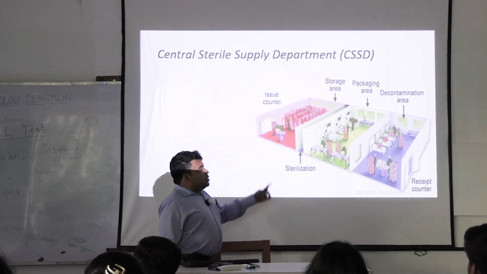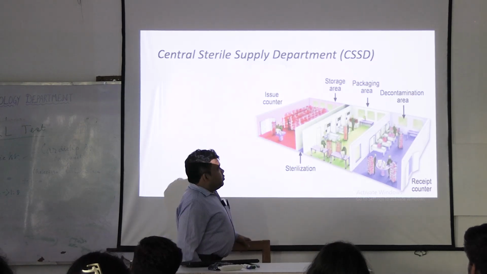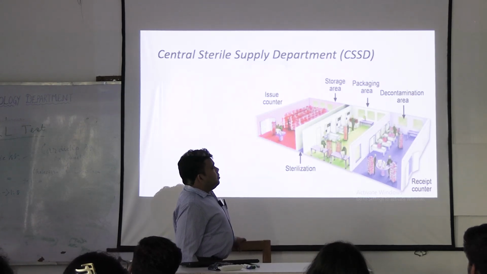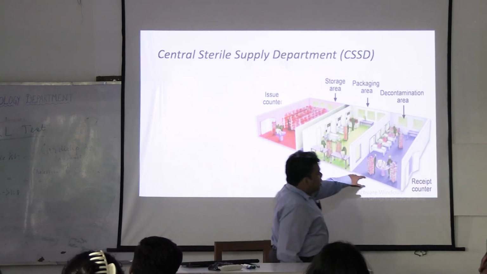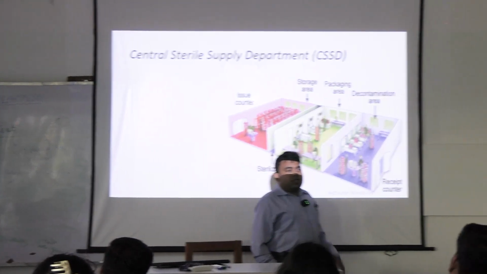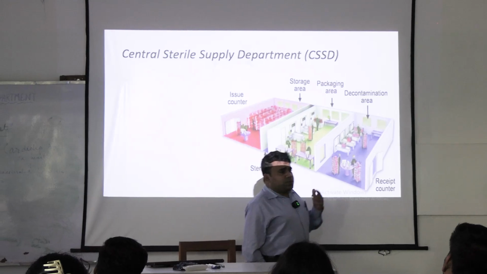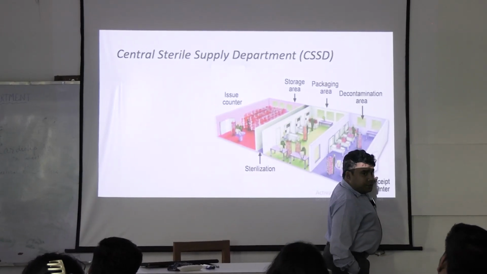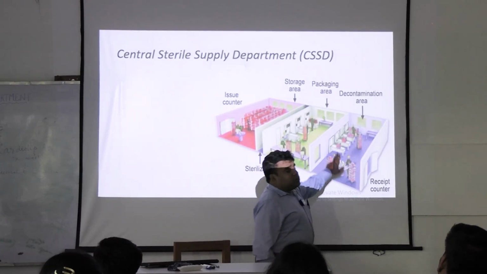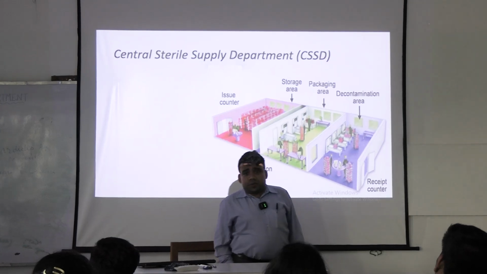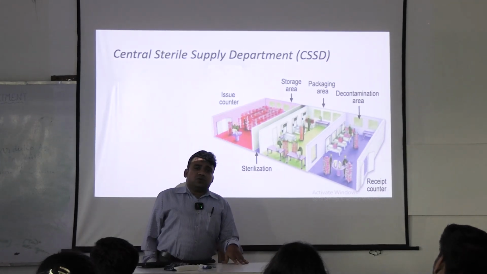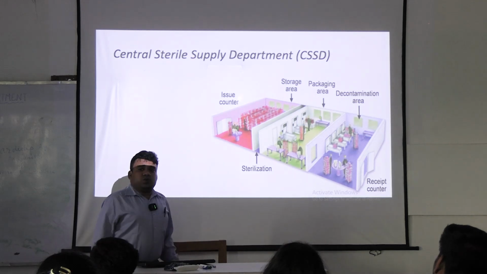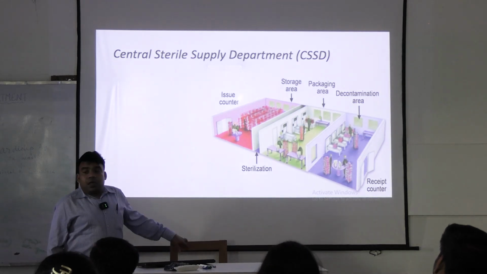If you look at the structure of the CSSD, you will have three main areas. The first area is the decontamination area. Over here, all the used items, instruments or anything else, are received. All those which have been used are now considered infectious, so first we need to decontaminate them.